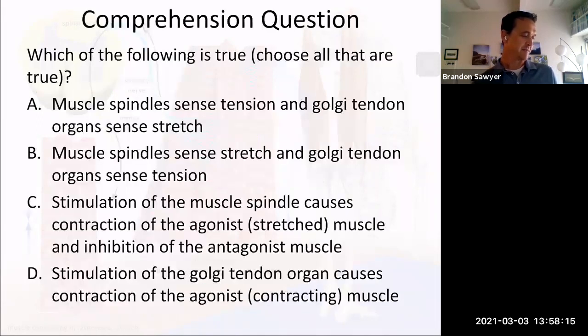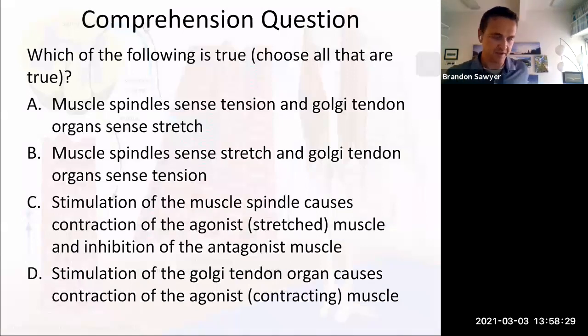Okay, so let's go ahead and do this one here on the app. Go ahead and open that up. These are choose all, so I'm going to do multiple answer. Think through this one and put in all the ones that you think are correct.